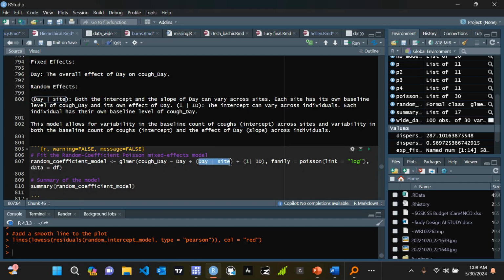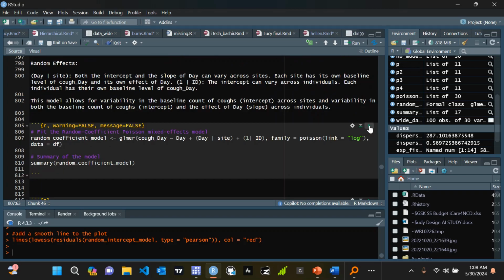It allows variability only in day and site. It means every individual can have their own cough frequency on a specific day at a given site. However, it does not account for the random effects within the individual himself. That means this cannot work for us either.